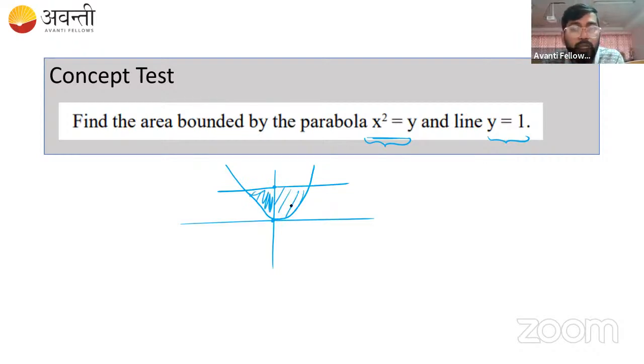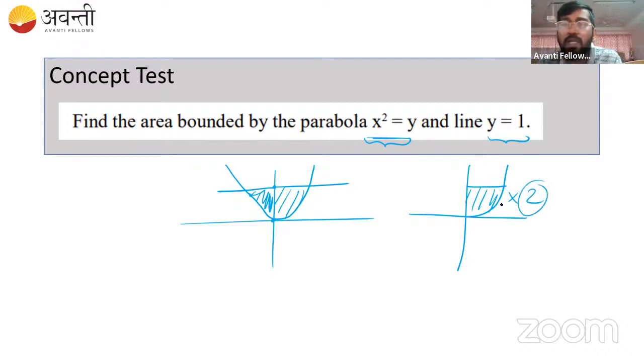The trick behind this is, I'll draw just the right portion, find this area, and multiply it by 2. Why? Because this area is symmetric. y equals x square is symmetric about the y-axis, right?